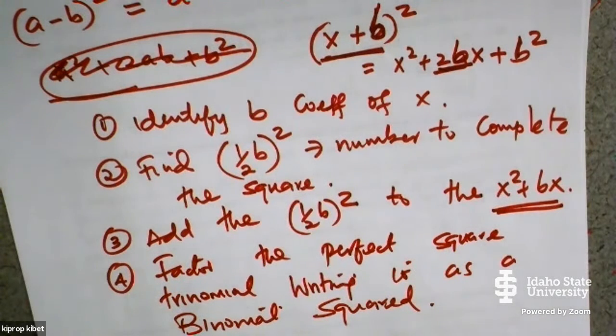Then by factoring, it becomes 2 terms, so it becomes a binomial, and then you square.